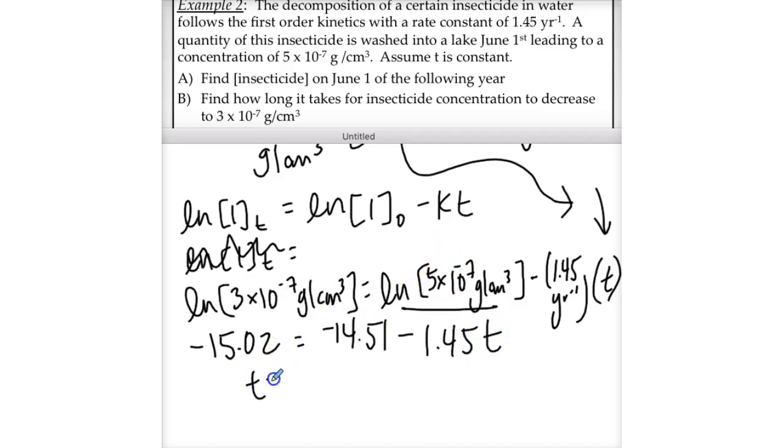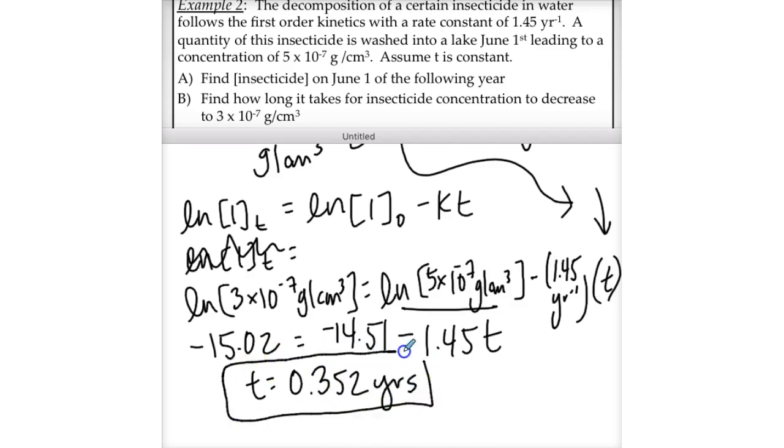When you solve for t, I got 0.352 years. So it takes less than a year for the insecticide to go from 5 times 10 to the negative 7 to 3 times 10 to the negative 7. So it's going to take less than a year for that to actually happen.